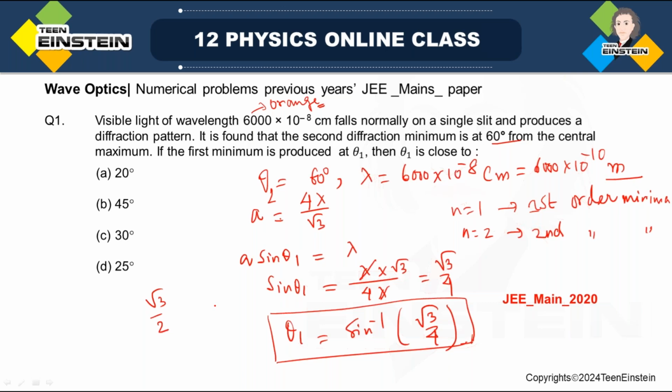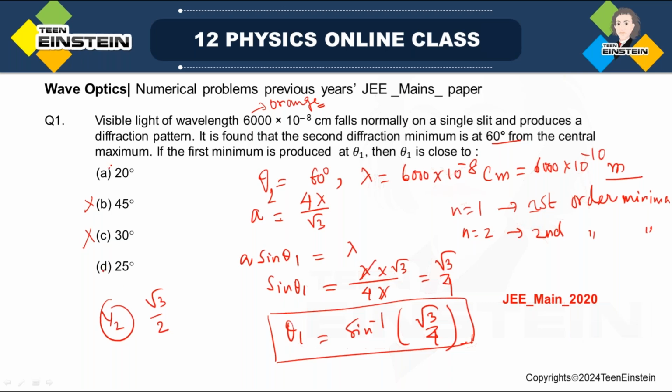And sine 30 means a half. That means this is not 60 degree, that is for sure, and neither is it 30 degree, nor 45 degree.